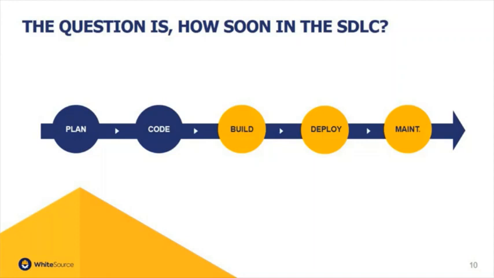Planning starts from picking your components. It's a common practice to bring in components without checking to see if they are the most up-to-date versions or if they have any known vulnerabilities open. This is where I start talking about bringing security into the developer part of DevOps.